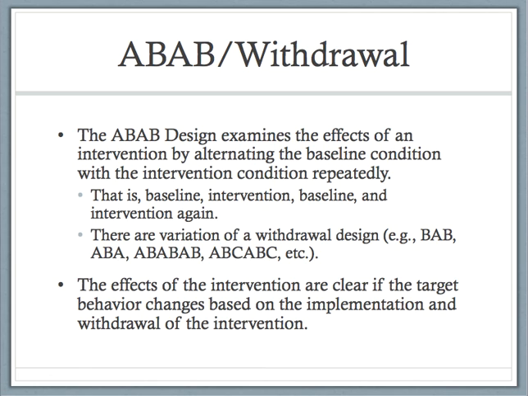So you have baseline, intervention 1, intervention 2, baseline 2, and then the 2 interventions again. Those are variations of the withdrawal design. The effects of the intervention in an ABAB design are clear if the target behavior changes based on the implementation and withdrawal of the intervention.